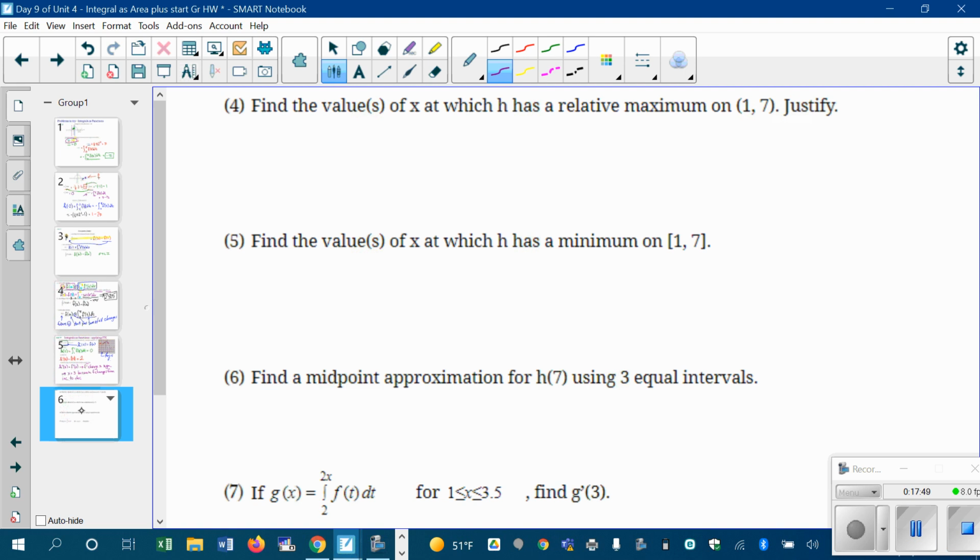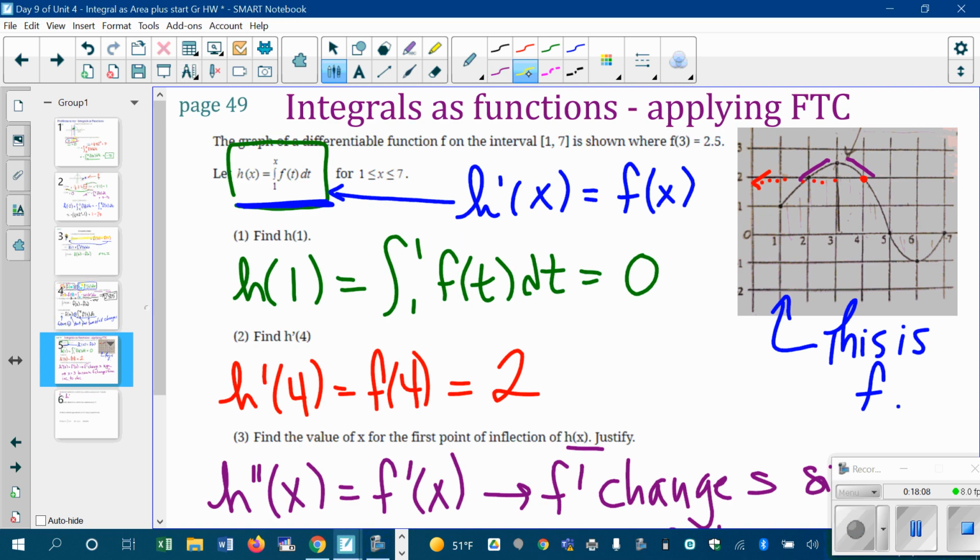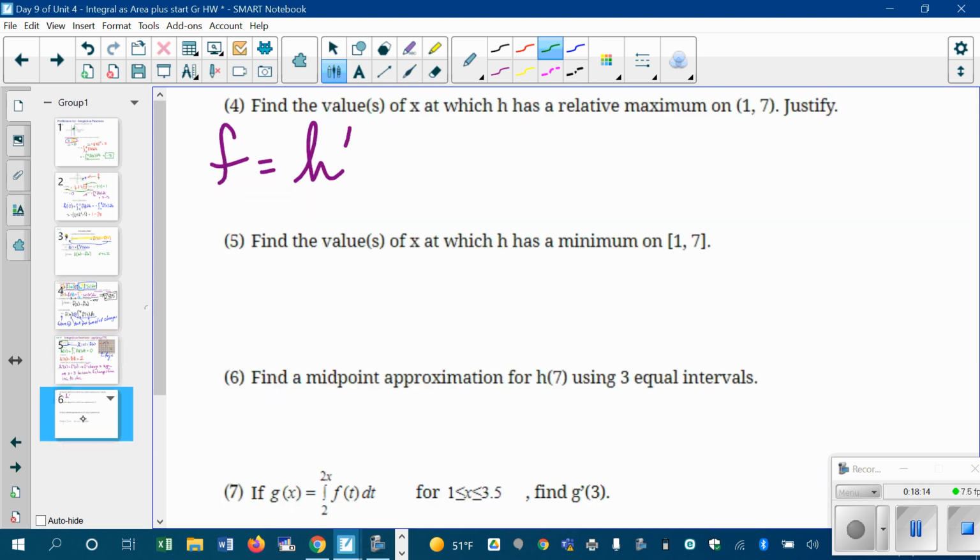Okay, the next one asks to find the values of x at which h has a relative maximum on the interval. Since f is the same as h prime, we want to look for that change that we need. And the change that we need is here at 5, because we switch from being in positive land to being in negative land.